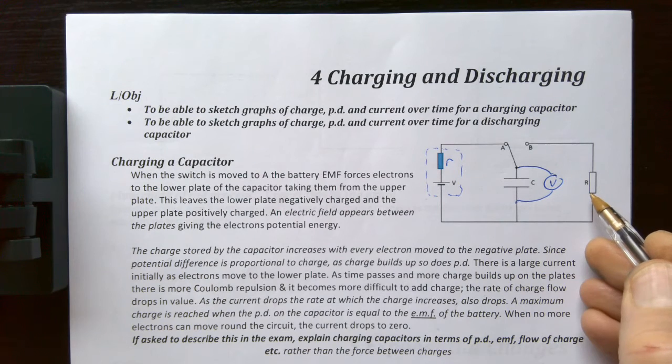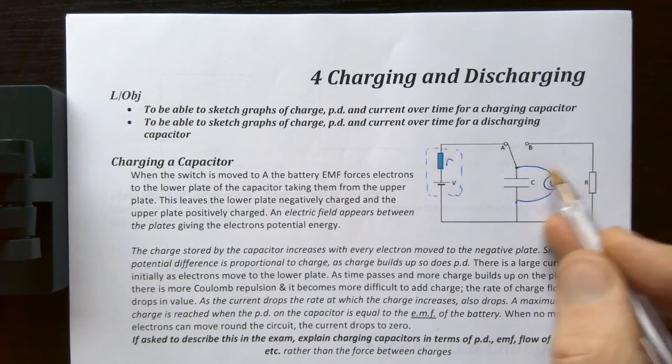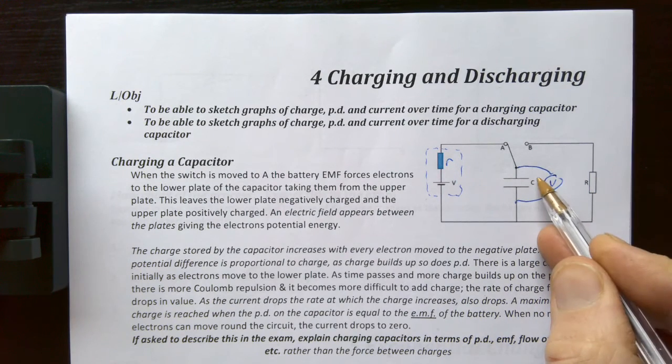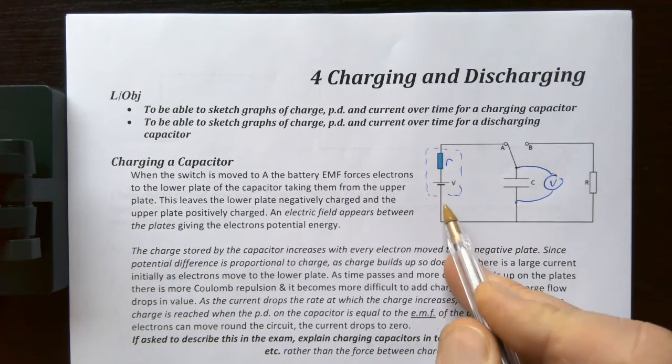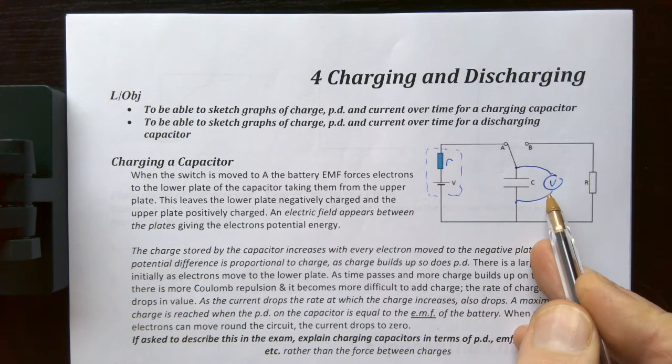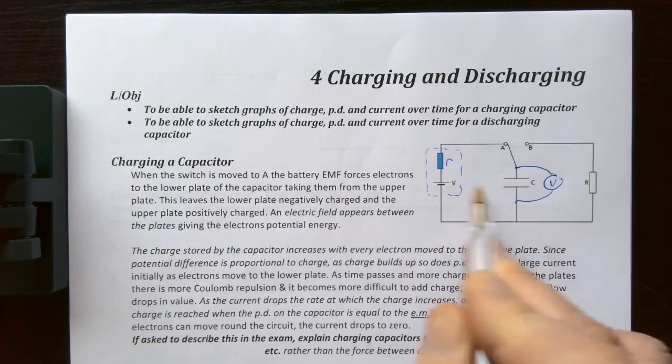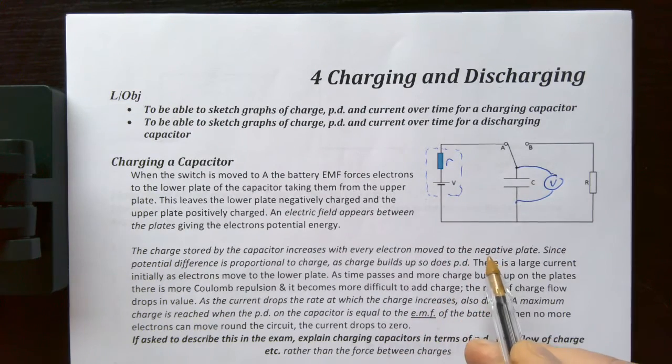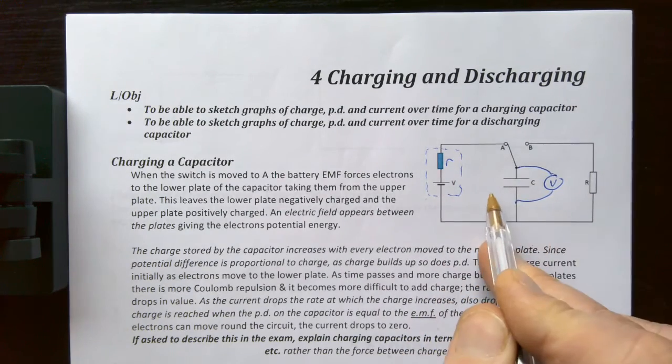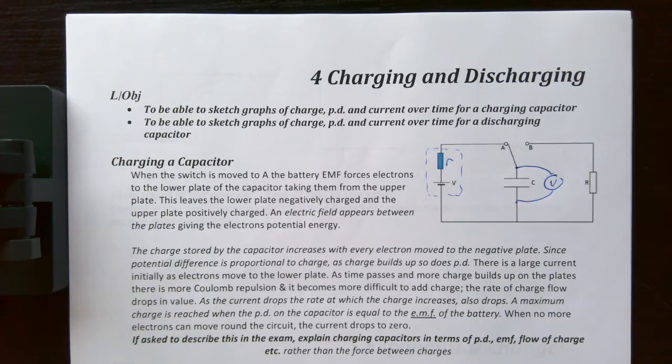If we put it across the resistor, it will give us the same value when discharging. If you put it across the battery, it'll give you the same voltage when charging. However, if you put it across the capacitor, that's the only one common to both circuits, so it's the only one that will give you the true reading all the time.